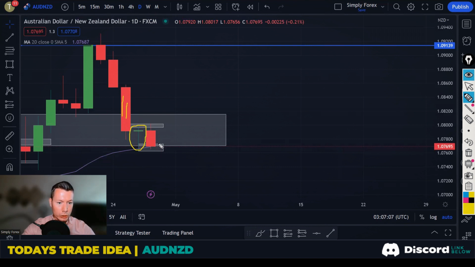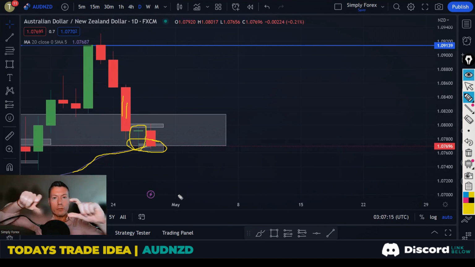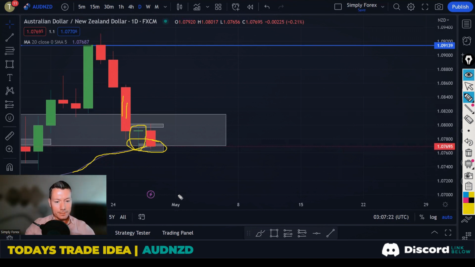We've got a support zone with the moving average 20. I really like this combination. Once we get a horizontal support or resistance level with the moving average, I like this. So I'm looking to come from this, like I say, potentially all the way back up to here.